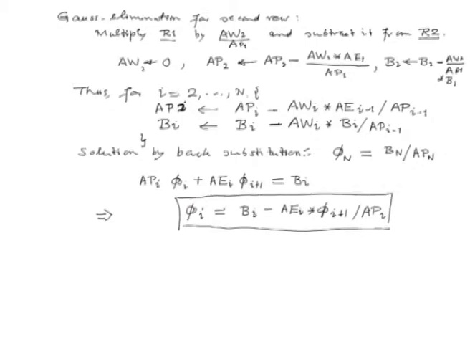Now we need to apply this formula for i is equal to n minus 1 to 1 in this order. Okay, so this is just a very standard Gaussian elimination process applicable to a specialized case, and the number of operations which we performed are proportional to the number of unknowns in our system.